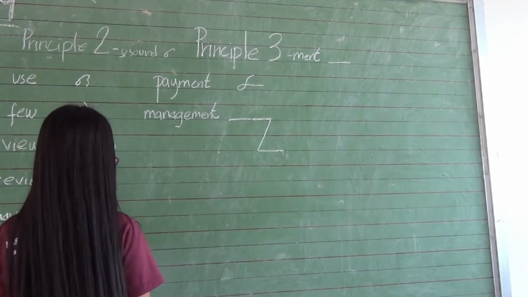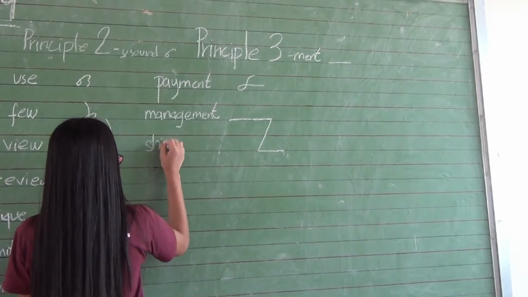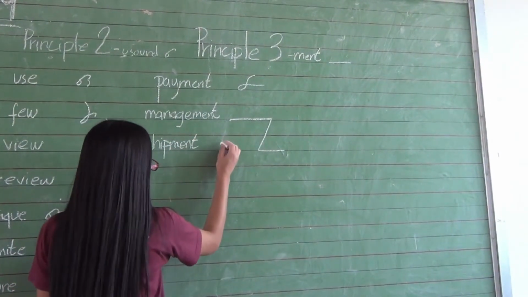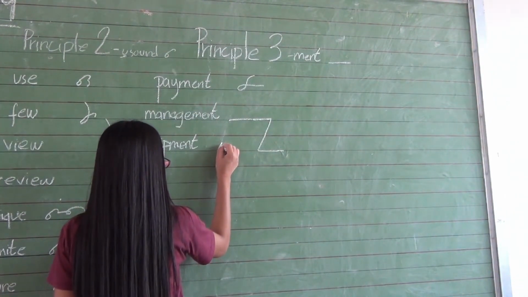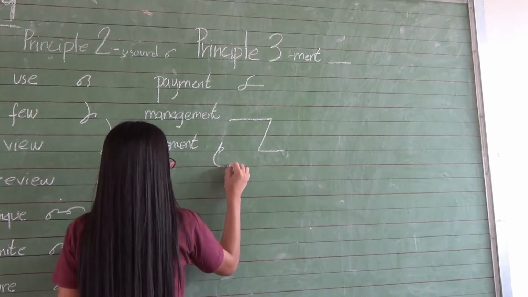Next, shipment. It is represented by ish stroke, E, P, and M stroke.